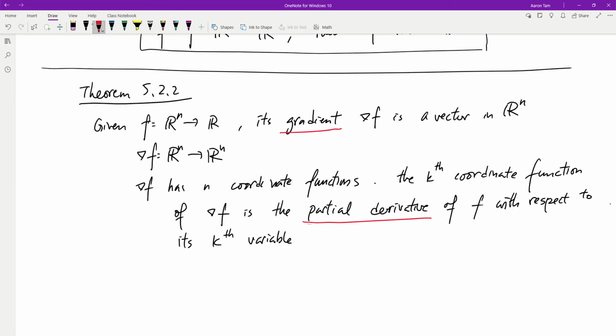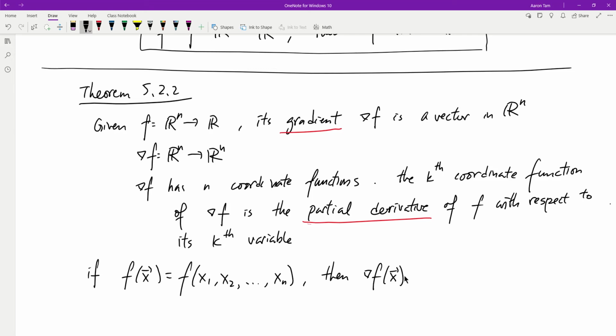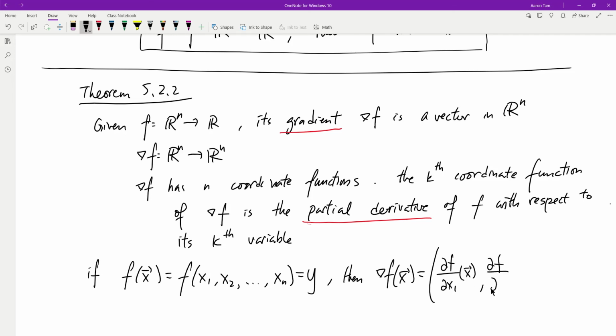So what does this theorem basically state? If f of vector x is equal to f of x1, x2, to xn, then the gradient of f of vector x would equal df over dx1 of vector x, df over dx2 of vector x, to df over dxn of vector x.